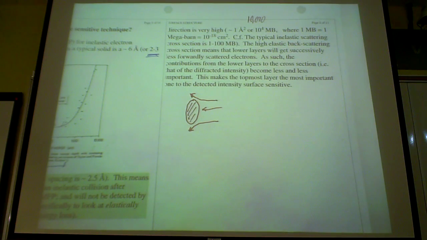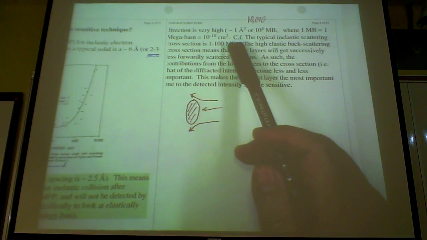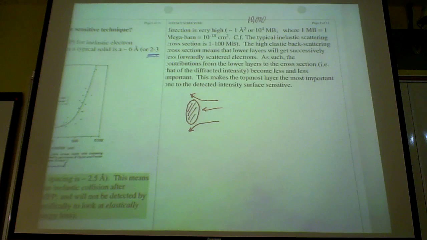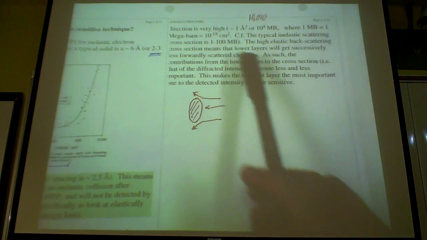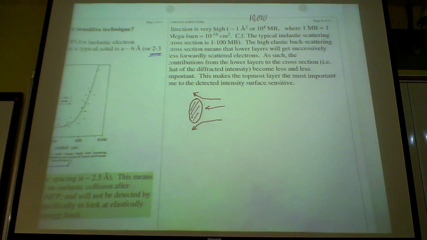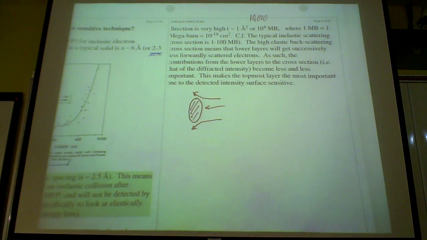That's elastic scattering, and inelastic scattering is a lot less. Here we are primarily talking about elastic scattering. Inelastic electron scattering, meaning that the electrons suffer an energy loss, is much less. This probability is much less. It's about 1 to 100 megabarn, so about 1% or less.